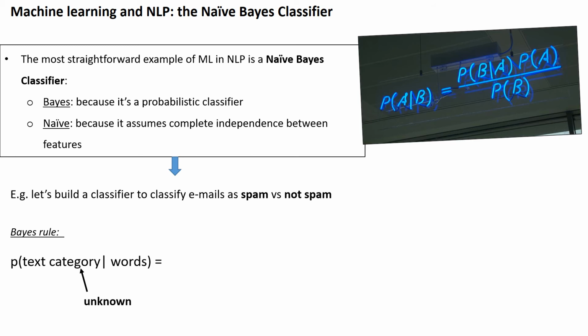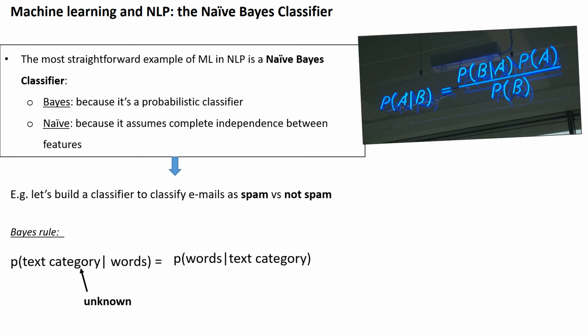Now, what is so great about Bayes rule is that you only need to calculate the reverse conditional probability and the general probability to estimate this first conditional probability here. So we need to estimate the probability that certain words occur given a specific text category.